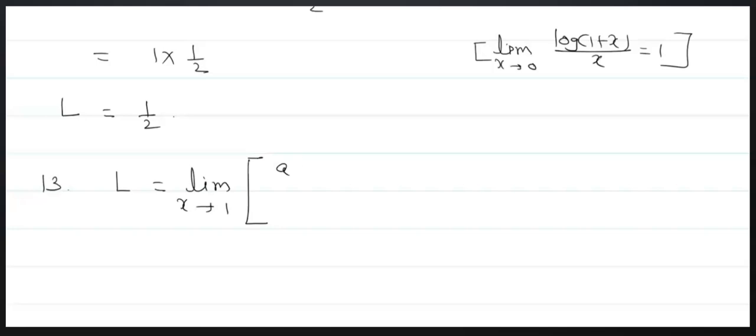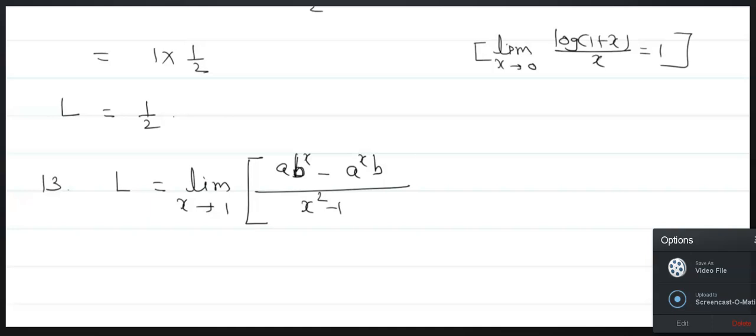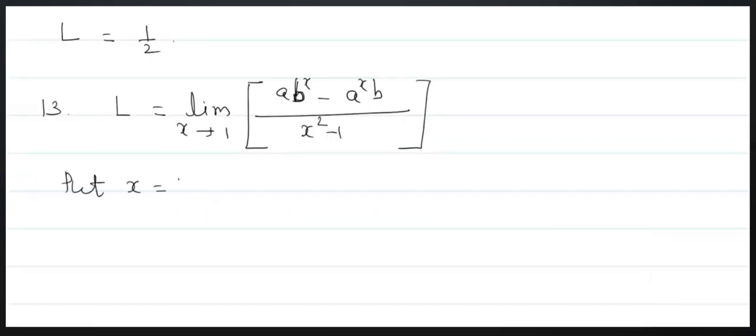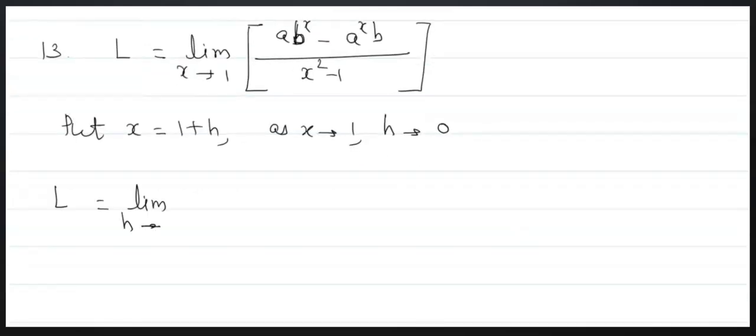L is equal to limit x tends to 1, ab b raised to x minus ab a raised to x, upon x square minus 1. Put x equals 1 plus h, as x tends to 1, h tends to 0. Limit h tends to 0.